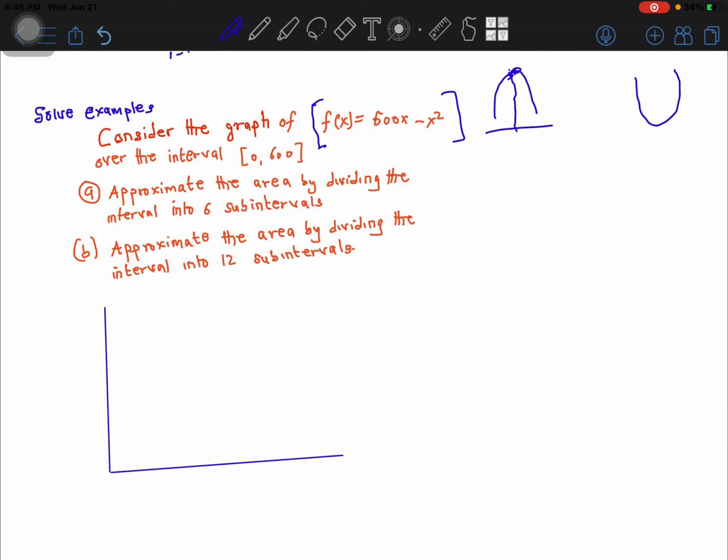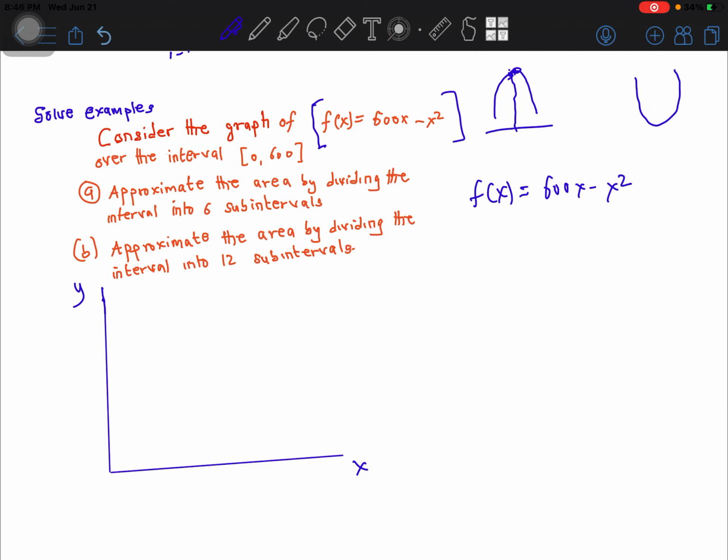That's the normal line division, but the rectangles are supposed to be up to 6. Based on that, when we take the function, here it's our y, and here it's our x. The function is f of x equals 600x minus x squared.